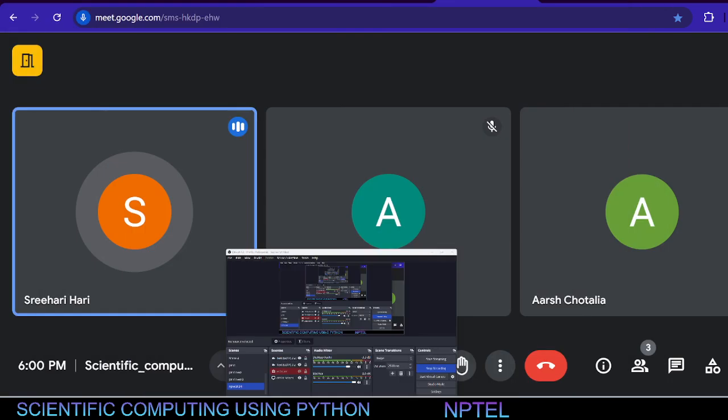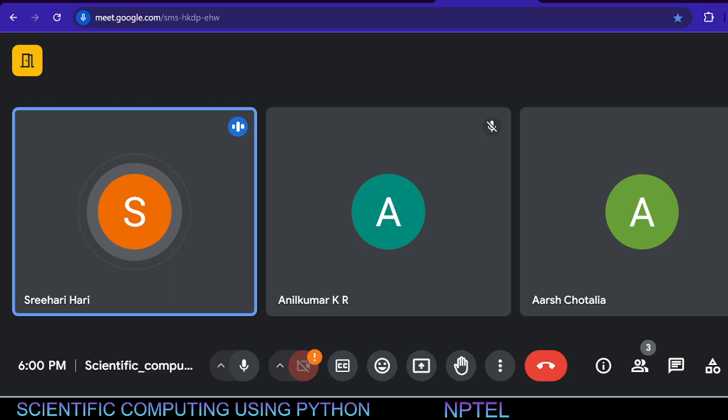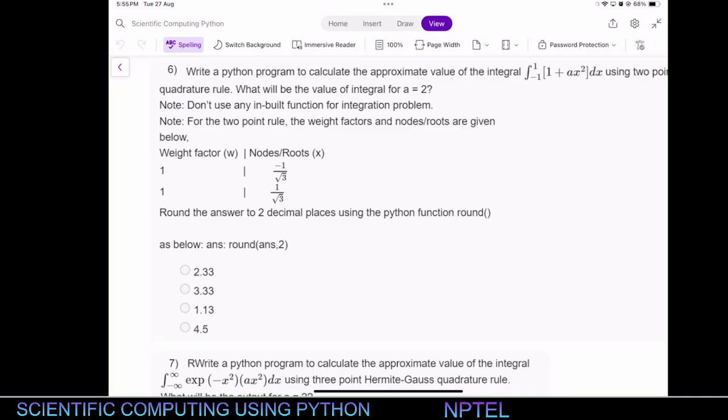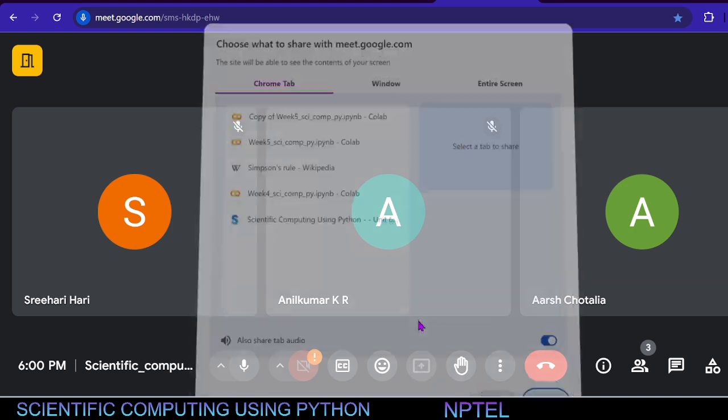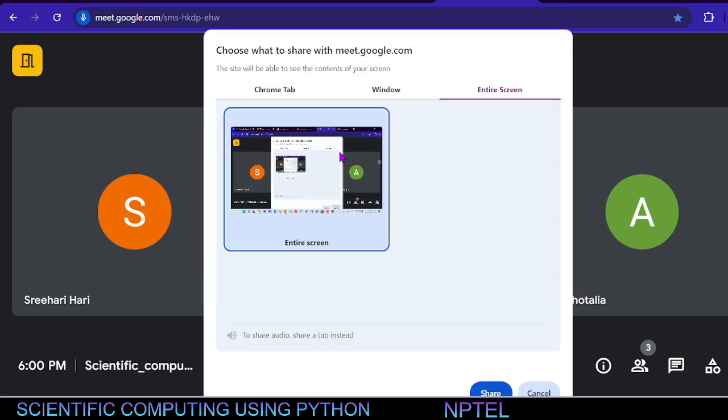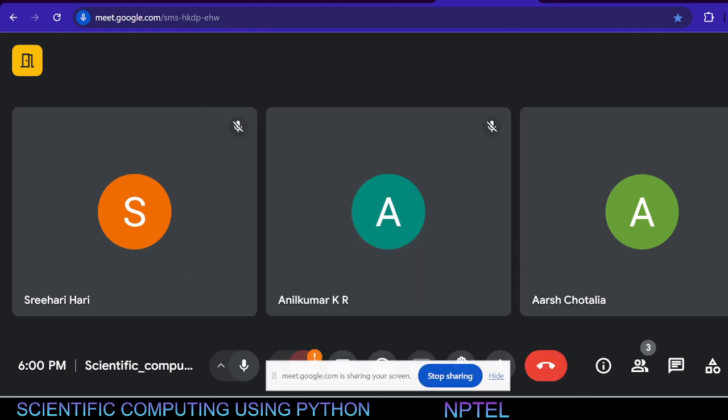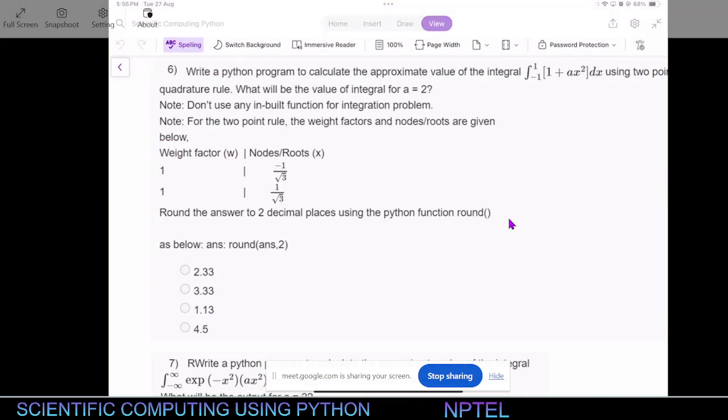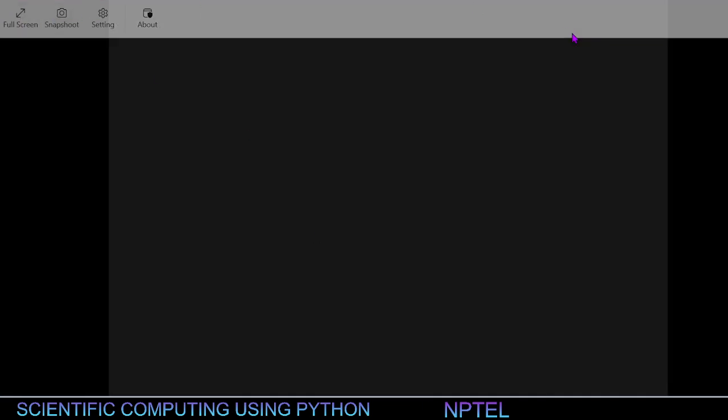Okay, can you open the previous lecture notes? You mean this one? No, no, like the previous video. I mean, like week 4, where there is interpolation. Right? Yeah, just give me a minute.